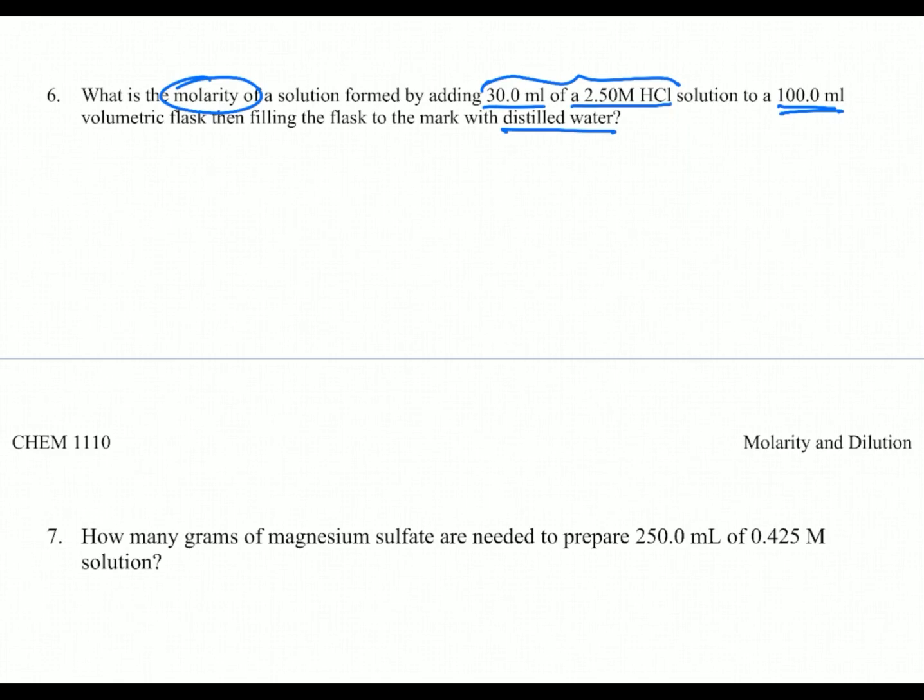So this is going to be V1 and M1. And then the second volume after dilution is going to be the 100, and the final molarity is what we're solving for. So M1V1 equals M2V2.